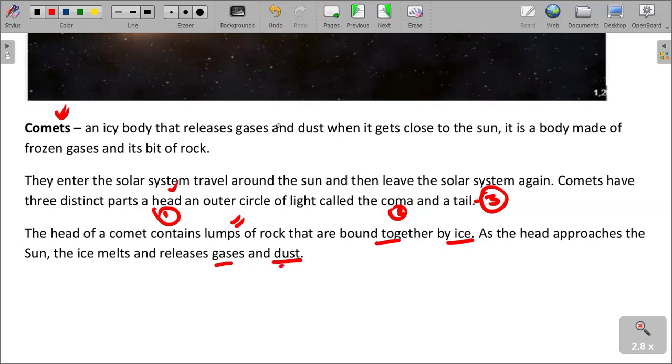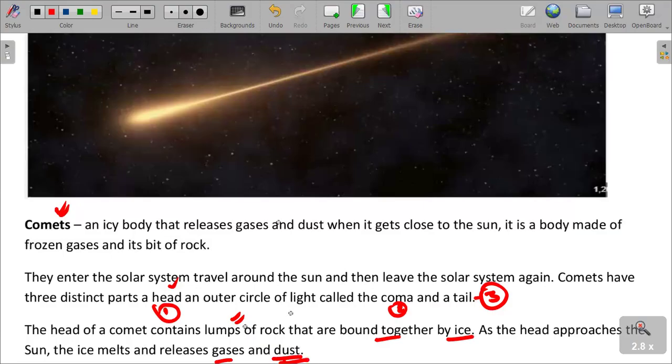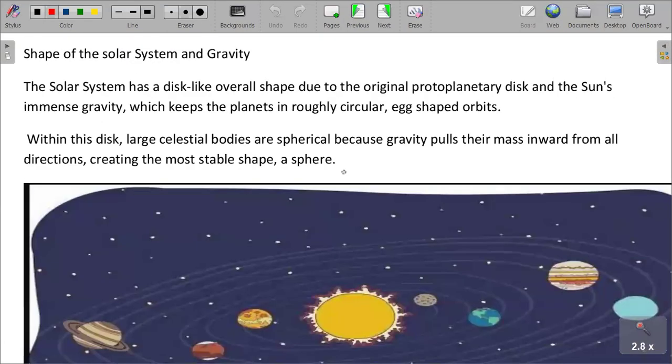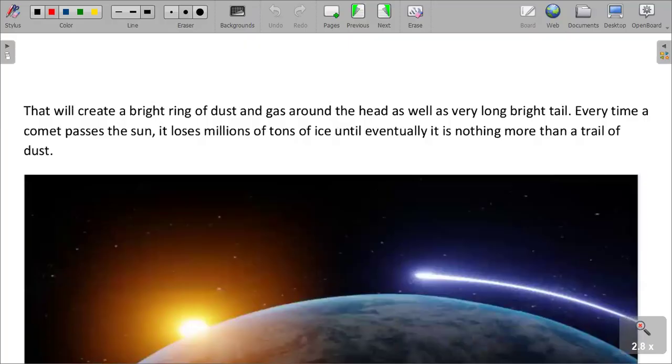I have a diagram that illustrates this, which I want you to see right now.